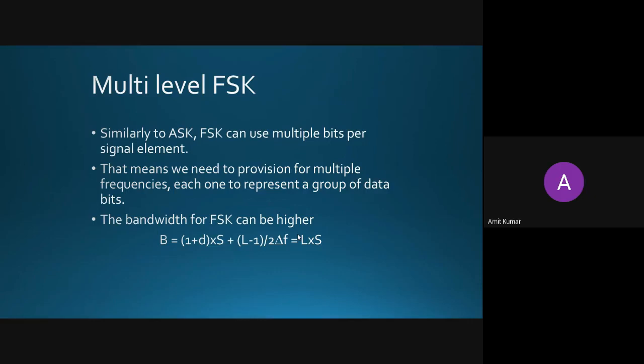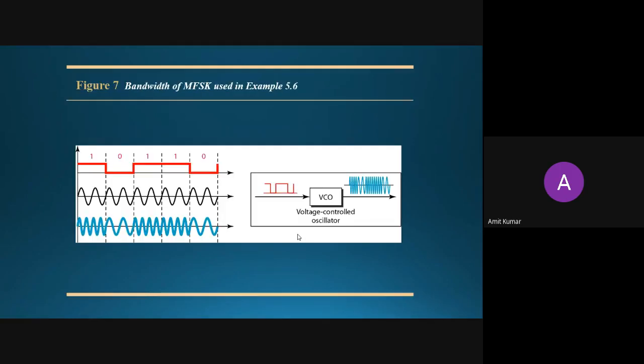In this way you can define the bandwidth of your multi-level FSK signal. Here it is showing the bandwidth of a multiple FSK signal. They have just gone for one level, so it is either 0 or 1. So here you can take L equals 1 and directly give that formula.